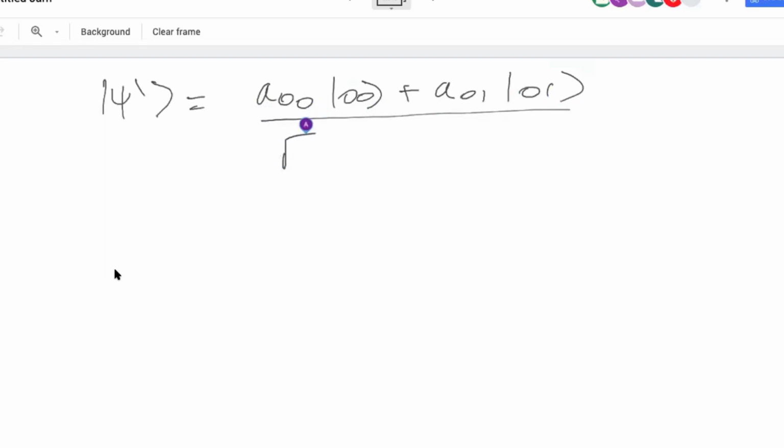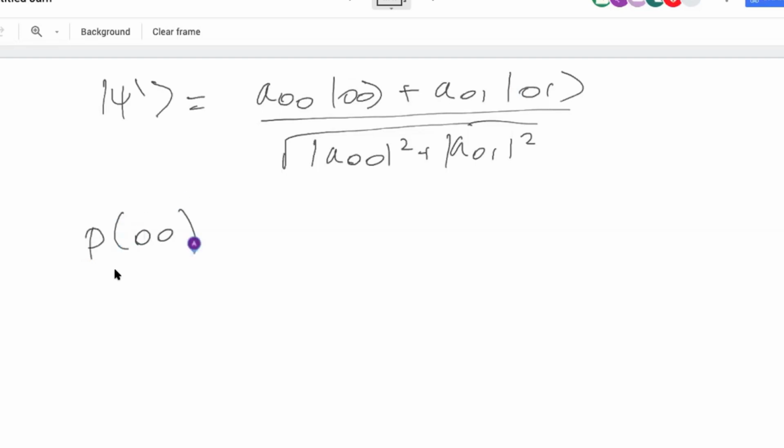I've renormalized it. Now the probability of 0,0, if I were to measure this new state, let me write this state to make it even more clear. This is the same as this, right?